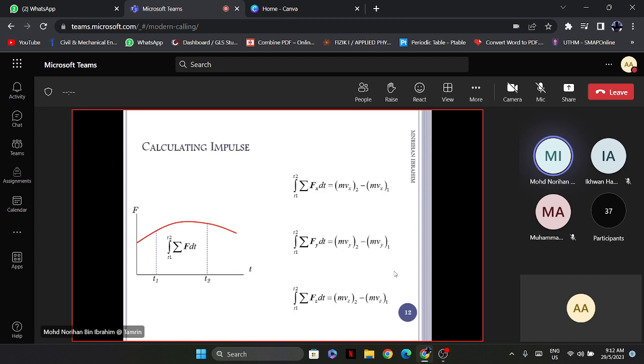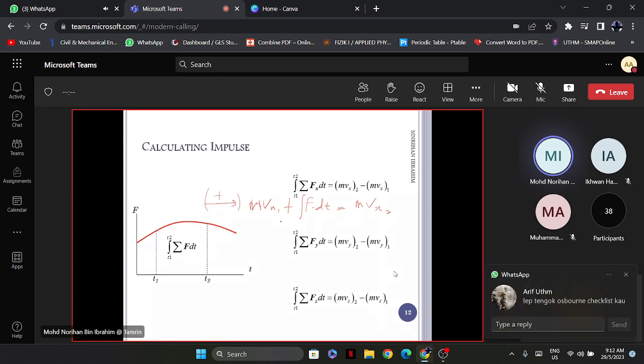Or we can write it as m vx1 plus the integral of Fx dt is equal to m vx2. We also need to put the positive sign convention. Let's say we consider positive to the right. So here is the principle of impulse and momentum equation.